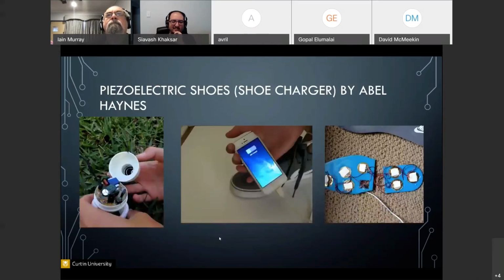Another interesting project I found online, this piezoelectric shoe by ABEL HAYNES. He basically connected a bunch of piezoelectric sensors as a shoe inlay, and this picture is showing him harvesting a couple of capacitors from a light bulb, and the idea was he was going for a run every morning, and he wanted to use that to charge his phone.